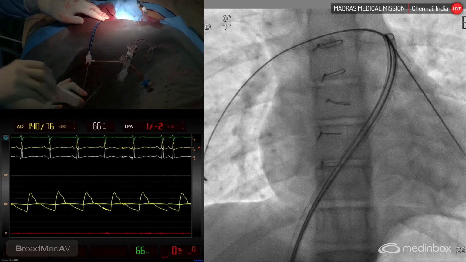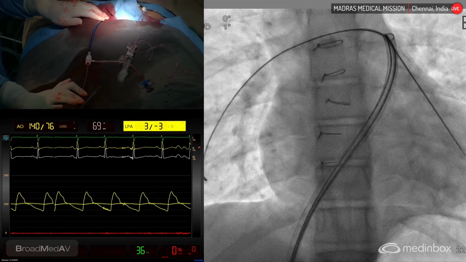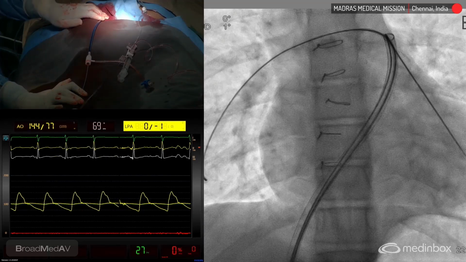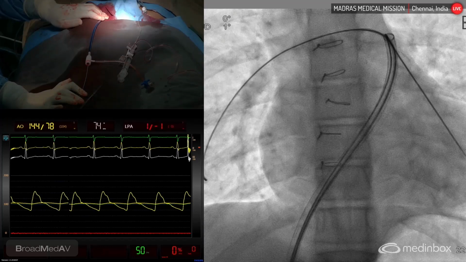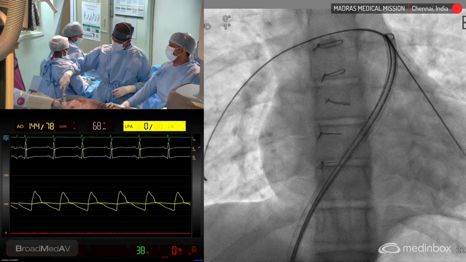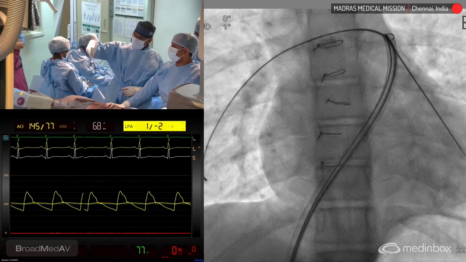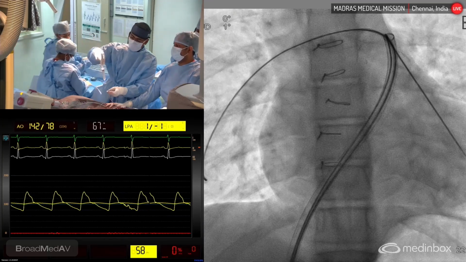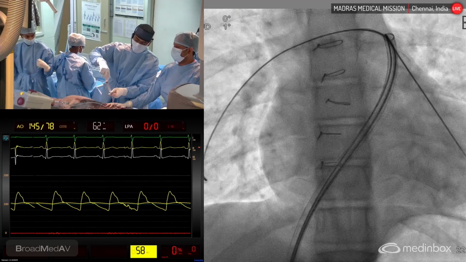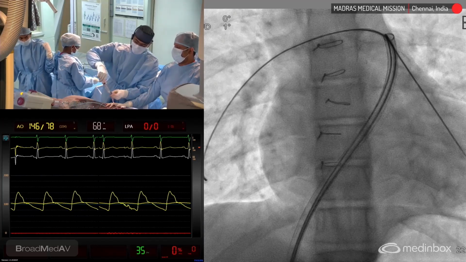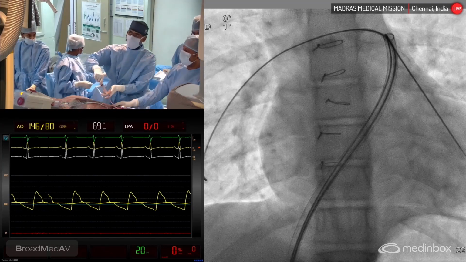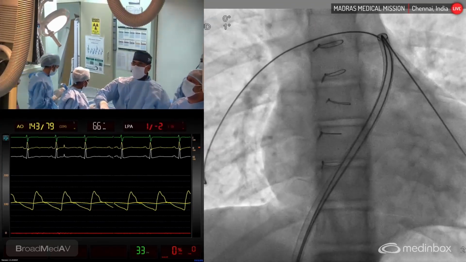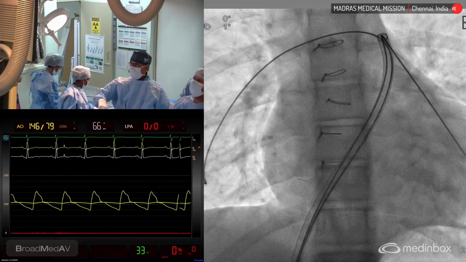I need some contrast on the table to get one picture of the distal main pulmonary artery. So what I have done is I have layered contrast so that the last 7 ml is contrast and the remaining part is saline.